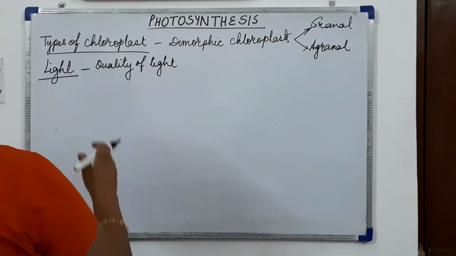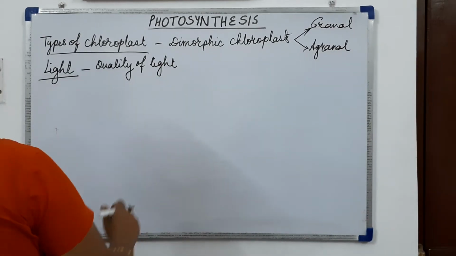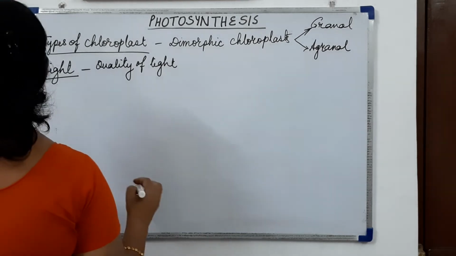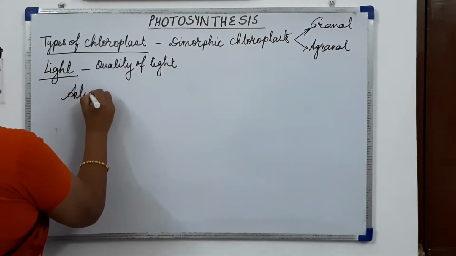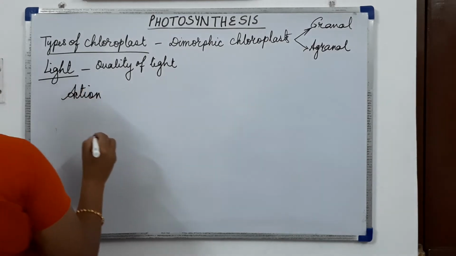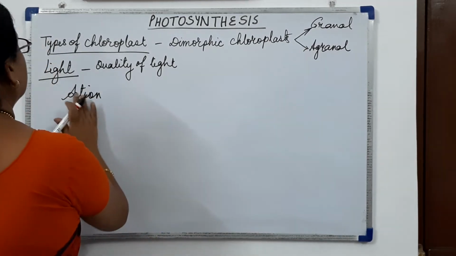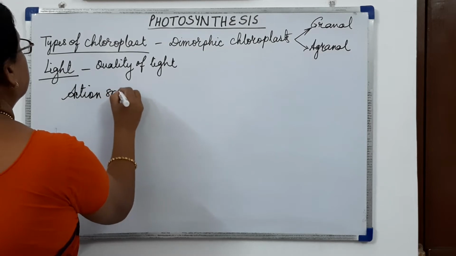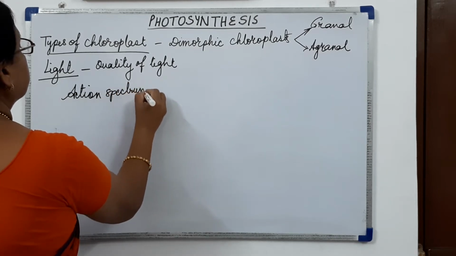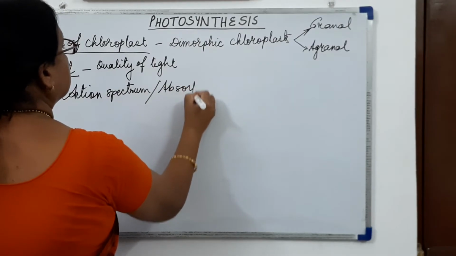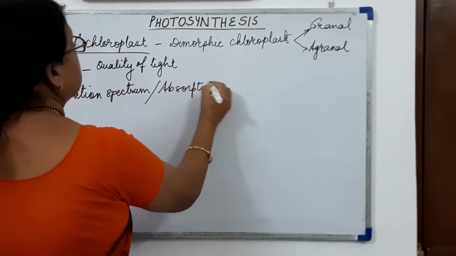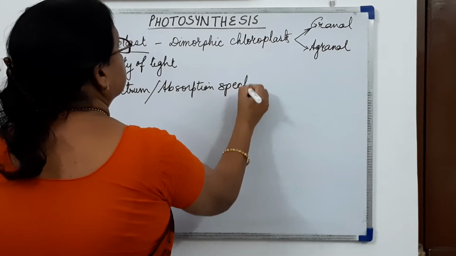Because of the quality of light, there are two types of spectrums found: the action spectrum and the absorption spectrum.